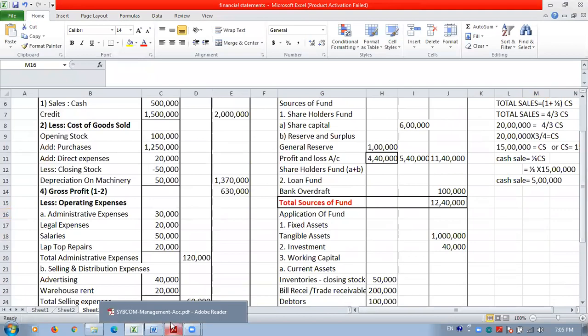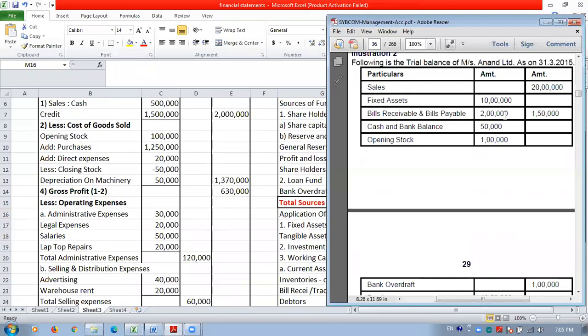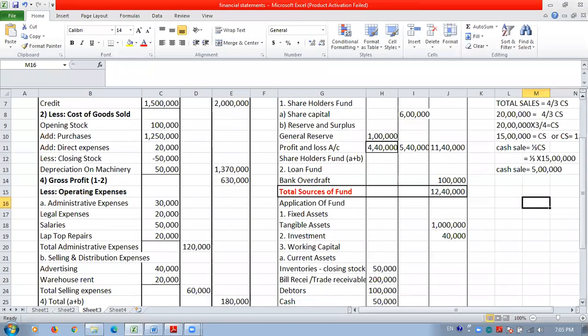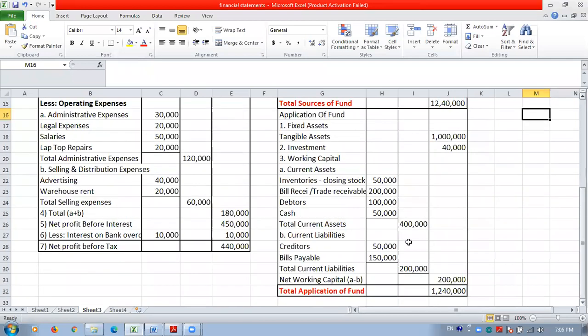Next item is bills receivable and bills payable. Bills receivable is an asset item, so it has a debit balance, and bills payable is a credit or liability item, so it is put on the credit side. So 2 lakhs is the bills receivable and 1,50,000 is bills payable. The 2 lakhs bills receivable is put under the head current assets.